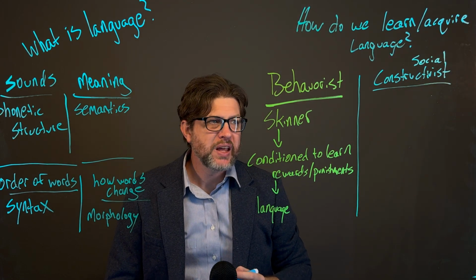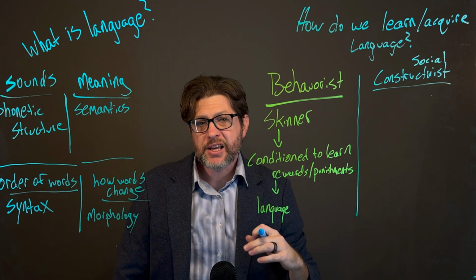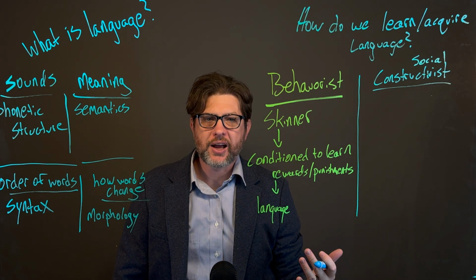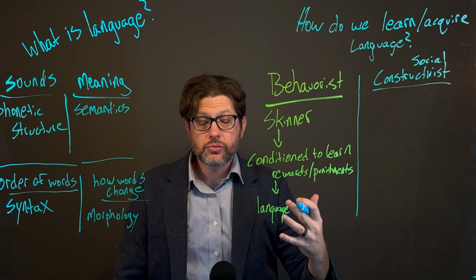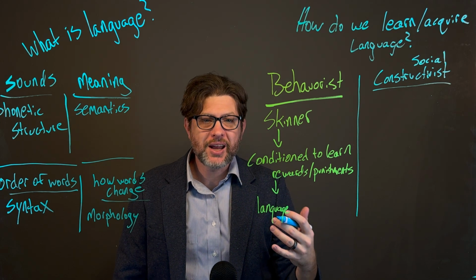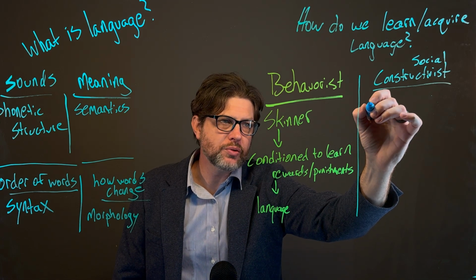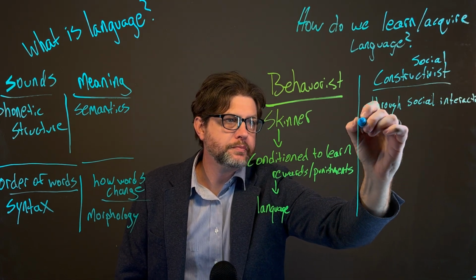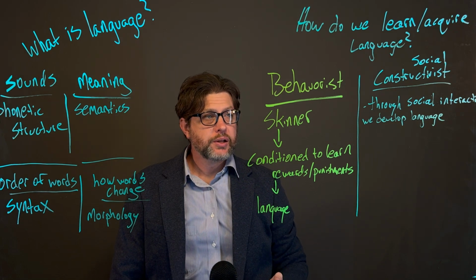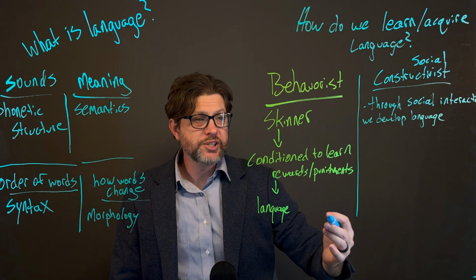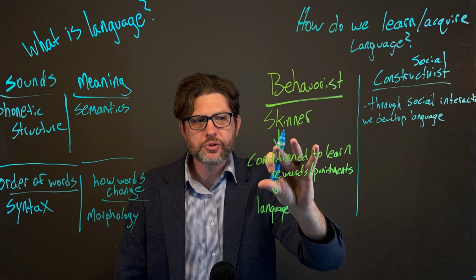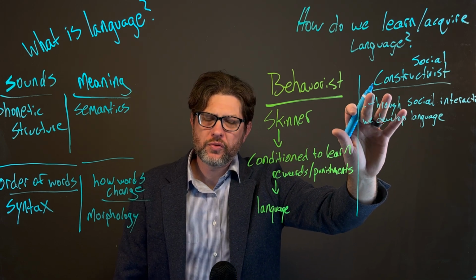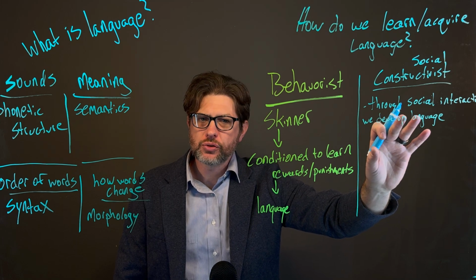Now, this theory is that social interaction is primary to humans, and that it is through social interactions that we learn language. So a social constructivist would say it's not necessarily like a behavior being conditioned, but it's part of who we are as humans that we have social interaction.